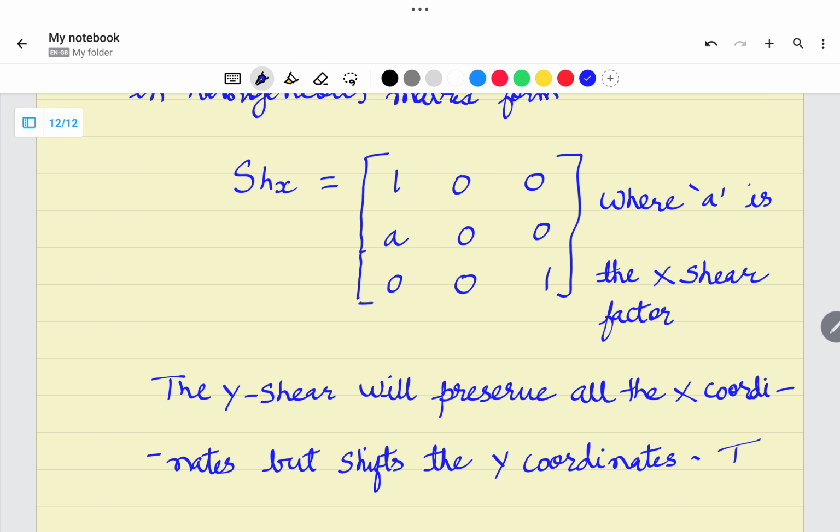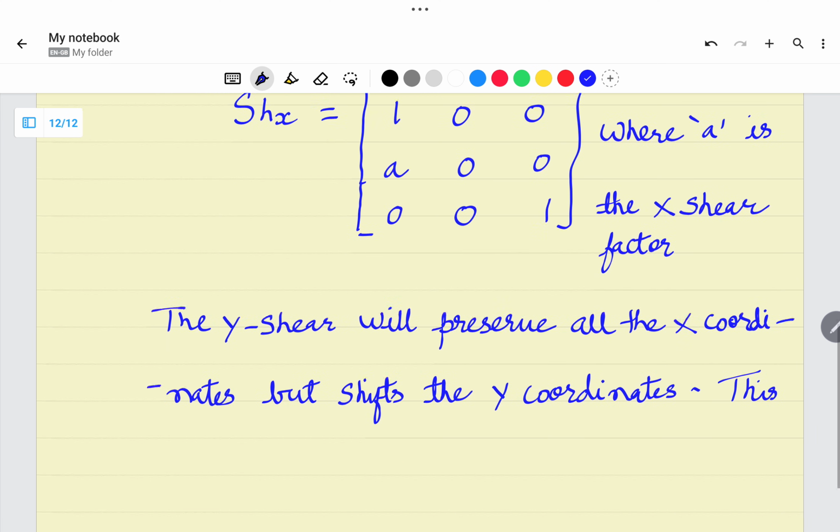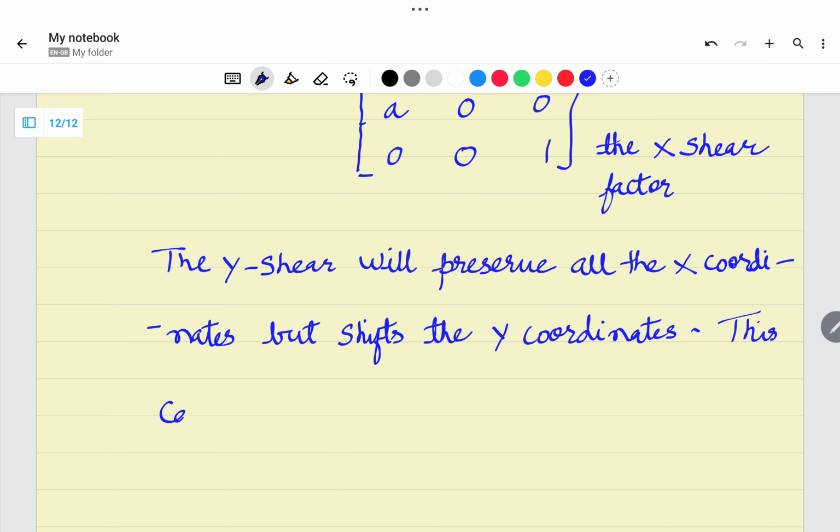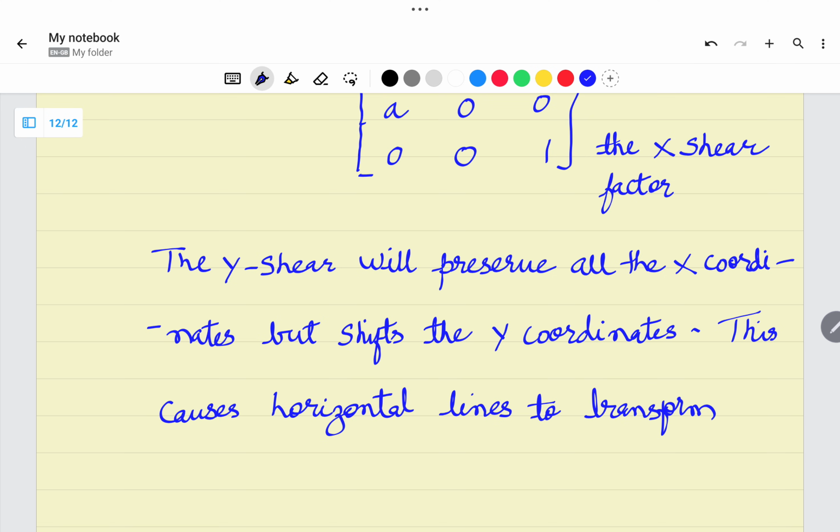This causes horizontal lines to transform into lines which slope up or down.